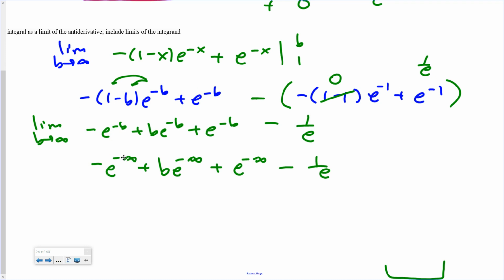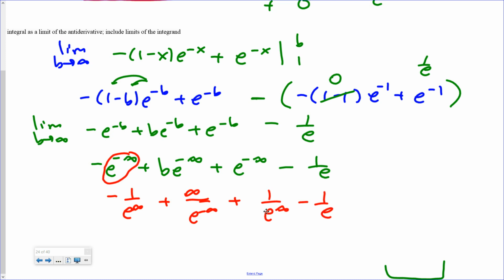This right here, remember what we said, how do we rewrite e to the negative infinity? 1 over e to the infinity, right? Plus, this would be b e to negative infinity. Oh wait, isn't this an infinity over here though? This is an infinity. Okay, plus e to the negative infinity. So this is actually 1 over e to the infinity minus 1 over e.